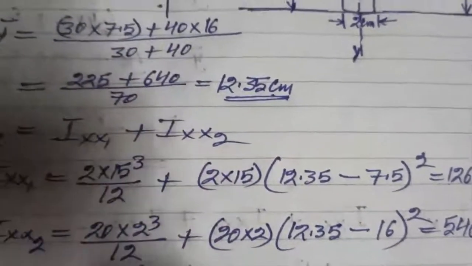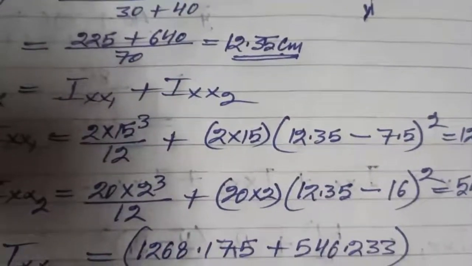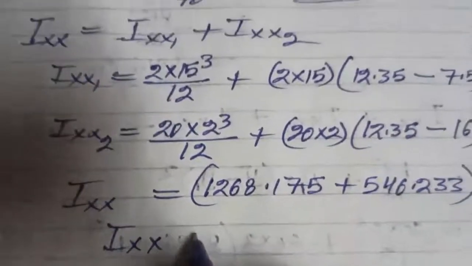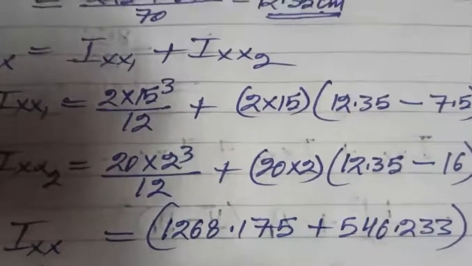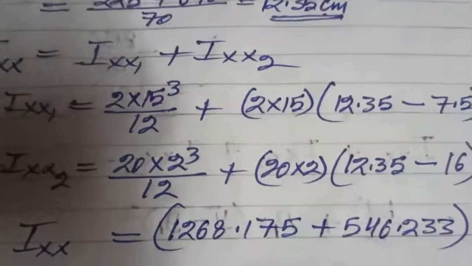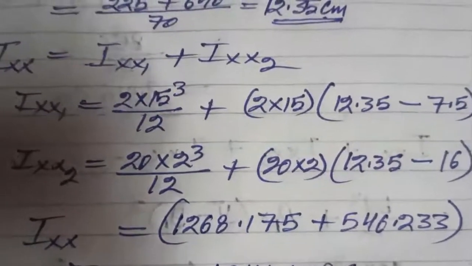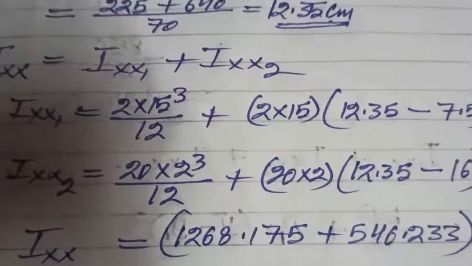So the total IXX for this T section is equal to 1814.408 centimeter to the power 4.